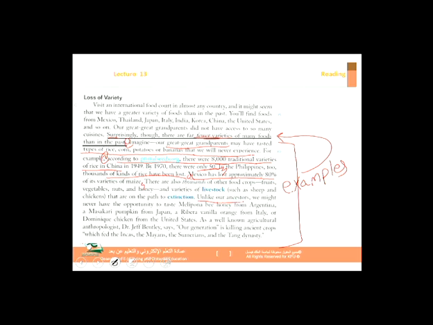So unlike our ancestors, we might never have the opportunity to taste these foods. Again, these examples tell us that in the past there were more varieties of food. So it's this sentence. I hope that it's clear.